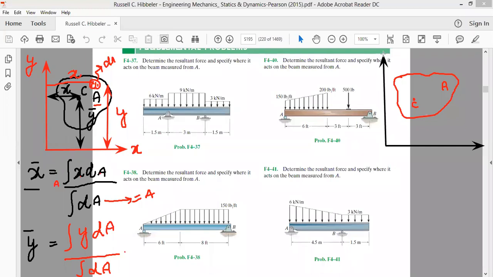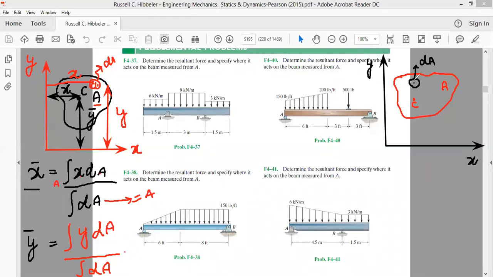The x and y axis can be within the body itself, within the area itself, or they can be outside the area. It doesn't matter where you define your x and y axis. Now, before you define the x and y coordinate of the centroid, we have to take a very small area and say its area is, for example, dA.